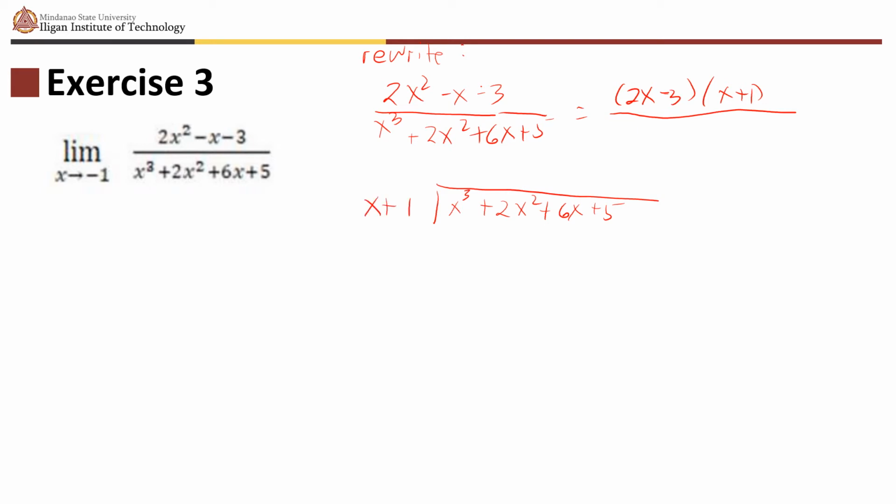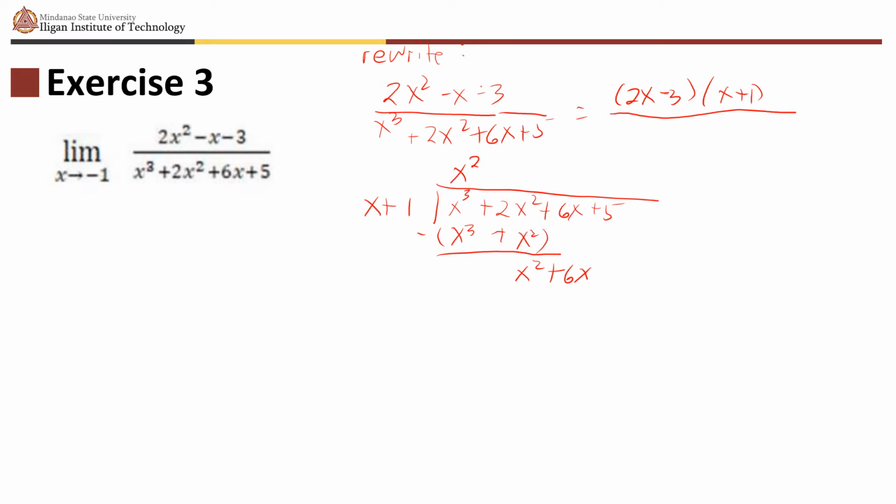We do this to find the other factor. x cubed divided by x will give us x squared. x squared times x will give us x cubed, and x squared times 1 gives plus x squared. Subtracting, this is 0, and we have plus x squared and plus 6x.